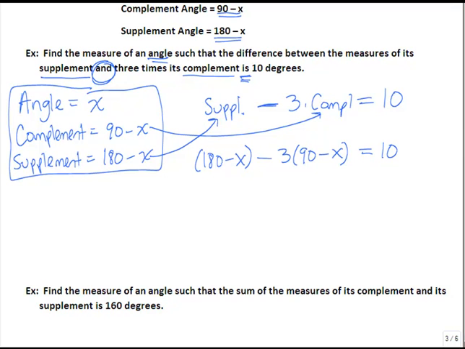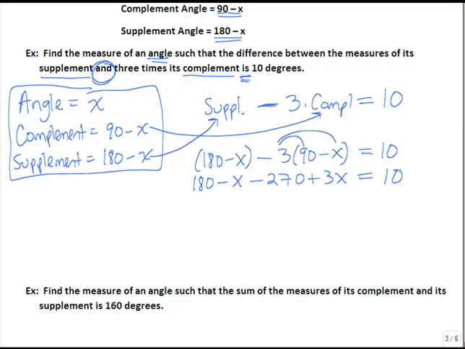Now these first set of parentheses I don't really need because there's no number in front that needs to get distributed. So I'm just going to go ahead and drop those parentheses. But the second set of parentheses are necessary because I want negative 3 times this entire quantity. So negative 3 times 90 is negative 270. And then negative 3 times negative x becomes positive 3x equals 10.